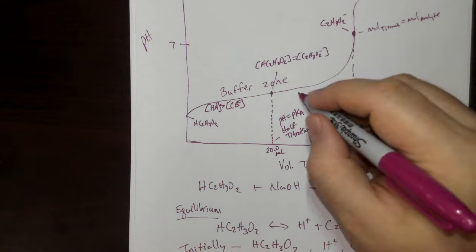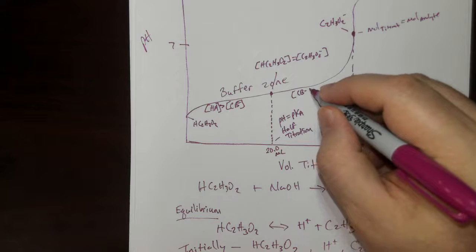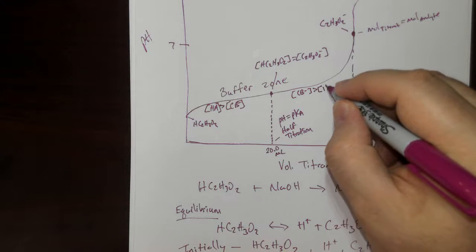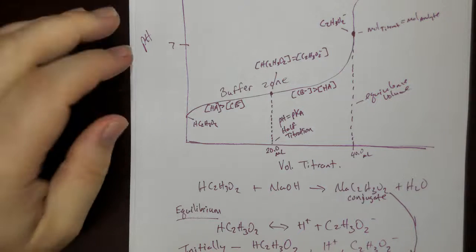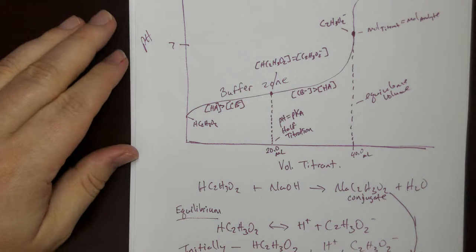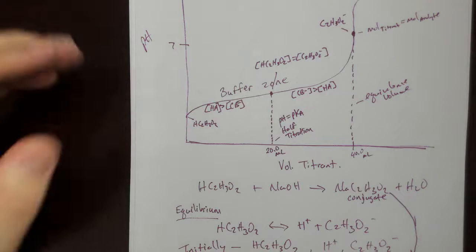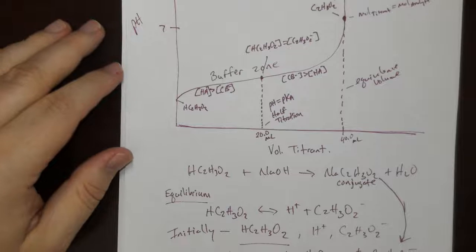Past the buffer zone, the concentration of your conjugate base will be greater than the concentration of your original acid in this case. So that's very important to know what you have in there. And also, what about your hydrogen? How is it being affected by all this stoichiometry?